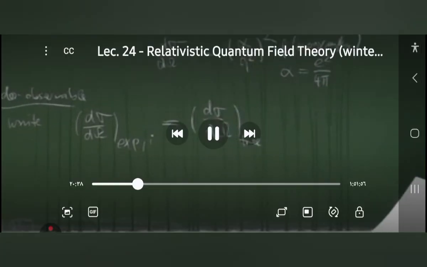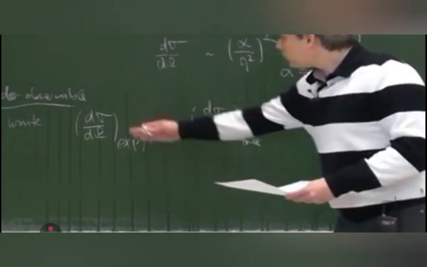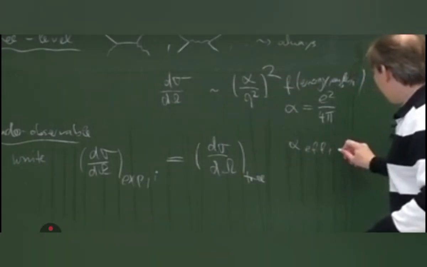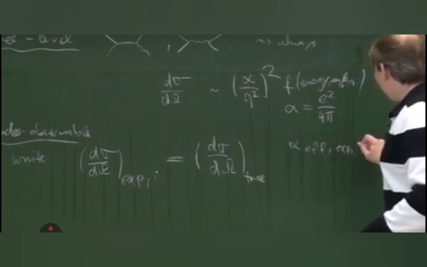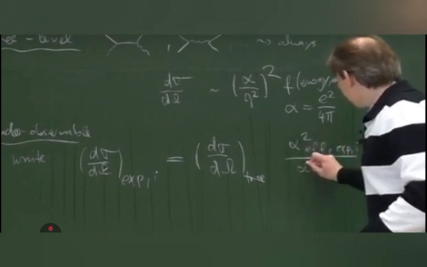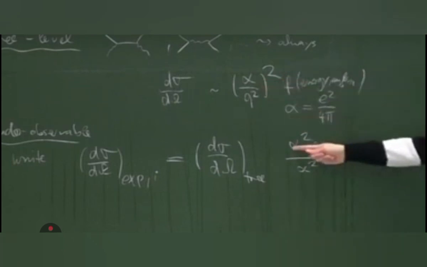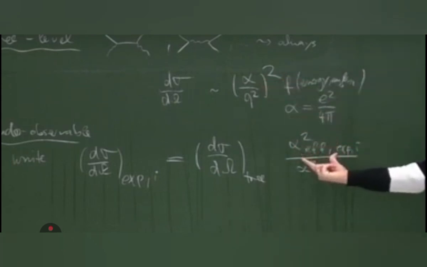You just divide your experimental result by the tree-level QED prediction, and you see that the QED prediction depends on alpha squared, and then you can define what we call an effective alpha for the experiment I. What that means is that you take the tree-level formula and you replace the theory alpha by some new quantity, and that new quantity defines your measurement.